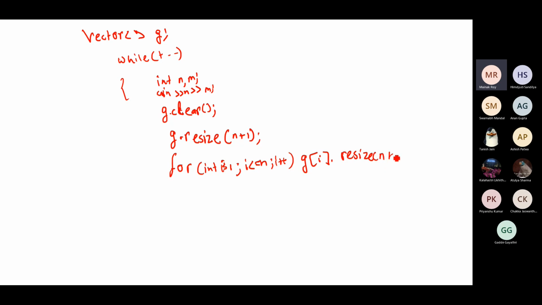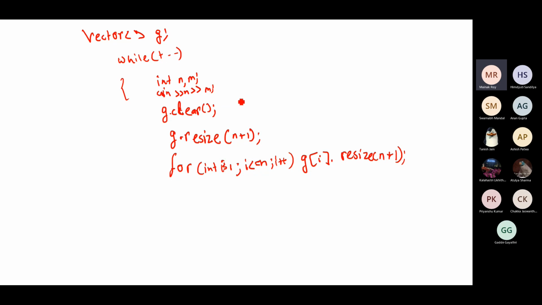If you're using an adjacency list, there is no need for that. The point is that at the start of each test case, you completely empty G. Again, this will take linear time because G was linear size to begin with, so there is no extra overhead. It will not break your time complexity in any way.